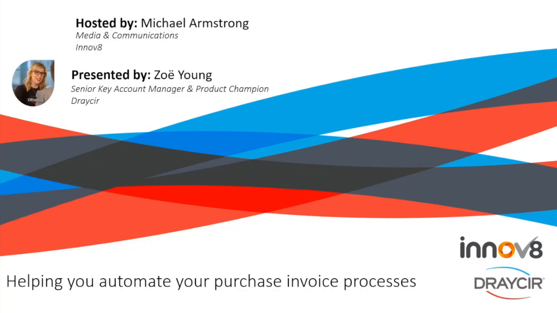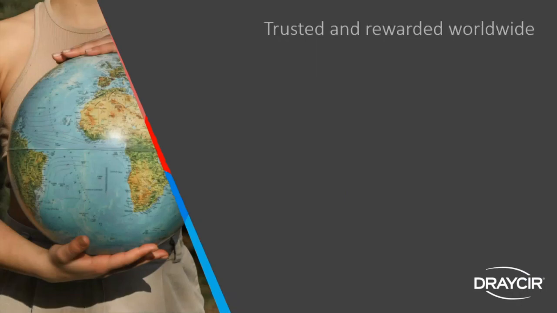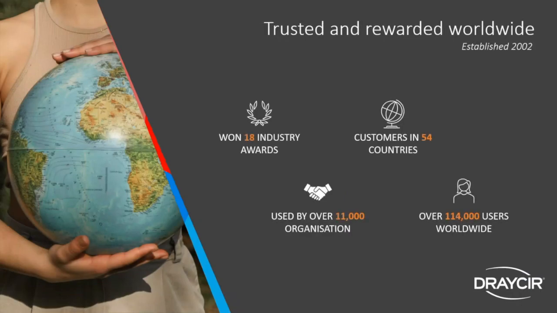For those of you that don't know who Draycir are, here's a little slide to show who we are. We date back 21 years now, and we don't just work with Sage here in the UK and Ireland, but much further afield globally with Sage. Everything I'm talking about today is compatible with Sage 200 Professional, because we work with all different flavours of Sage.